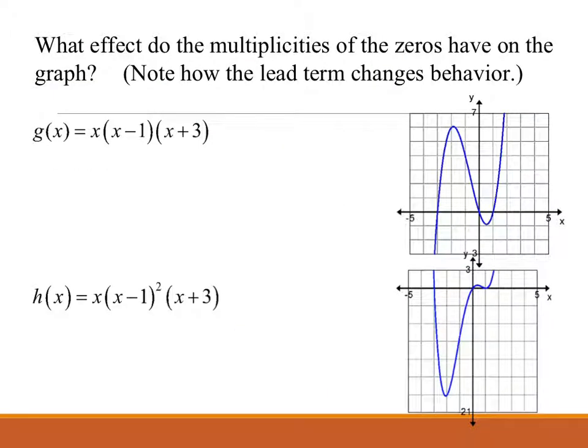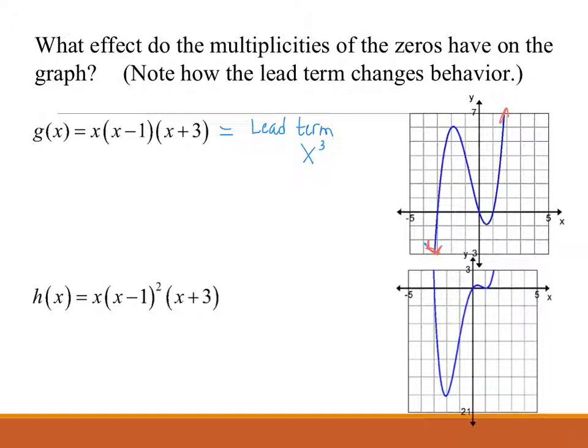So now, what effects do the multiplicities of the zeros have on the following graph? Note how the lead term changes behavior. So when we look at this, we know what the lead term is. The lead term is x cubed, and it's positive. So you'll notice that the end behavior is this way for this odd function.